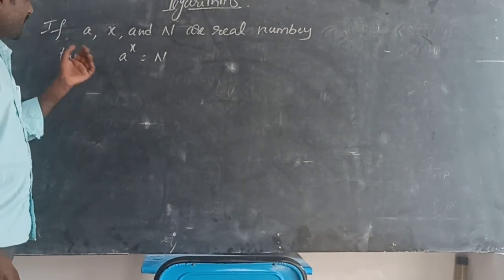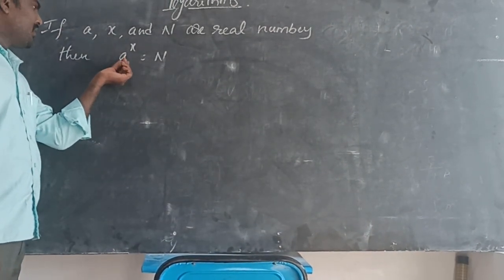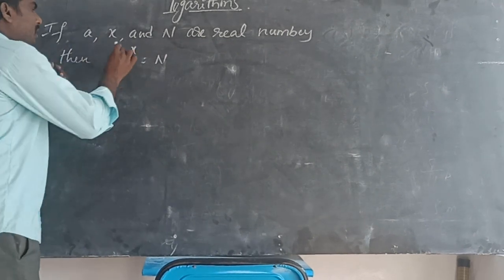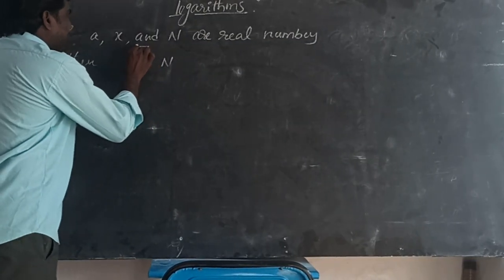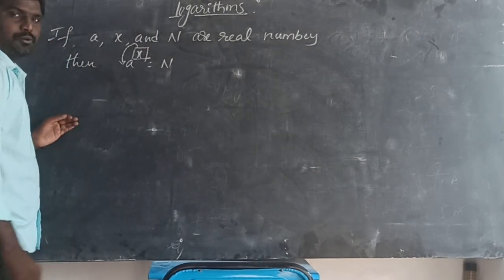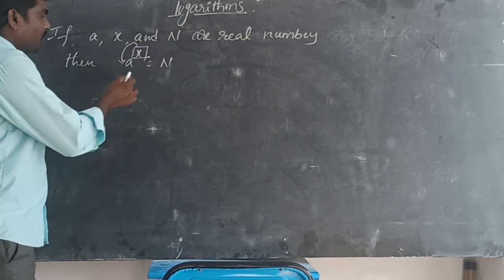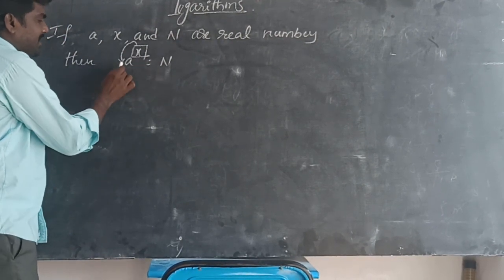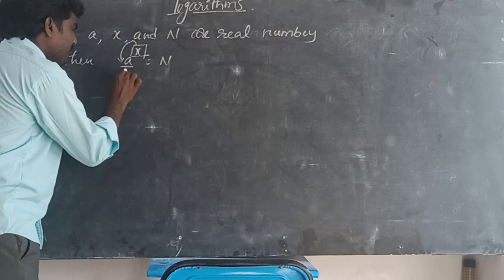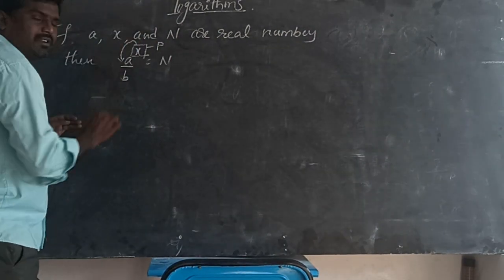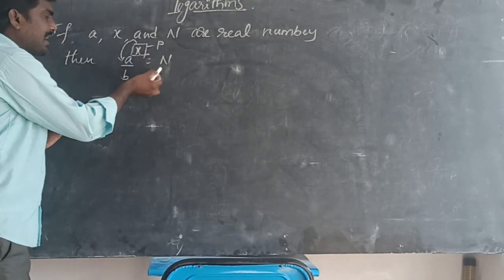Exponent form means you can write as base and power. Power means how many times the base is multiplied. So any number can be expressed as base and power. That is called exponent form.